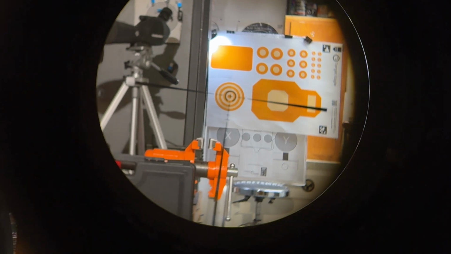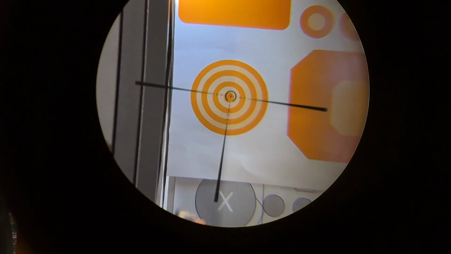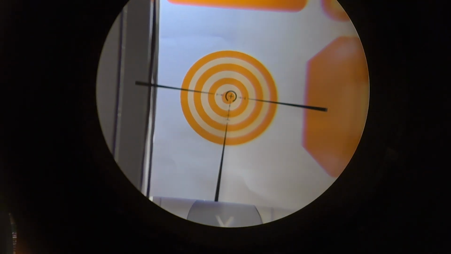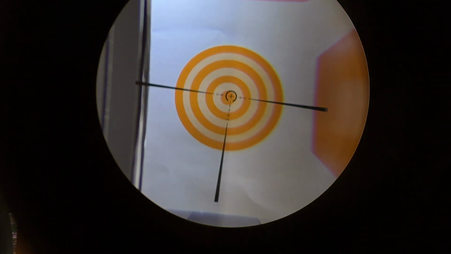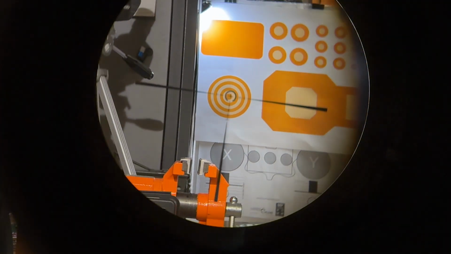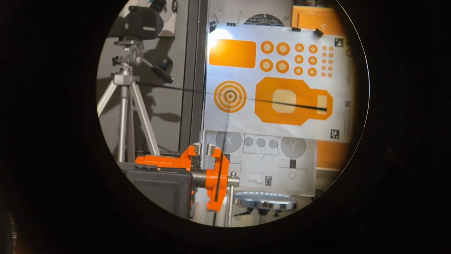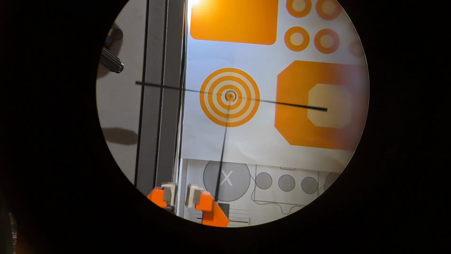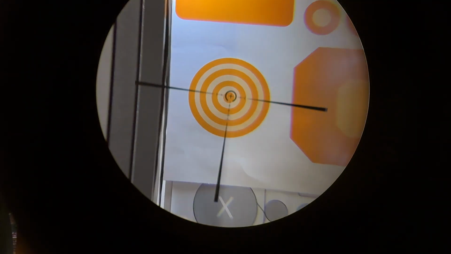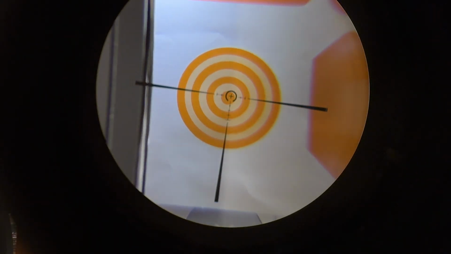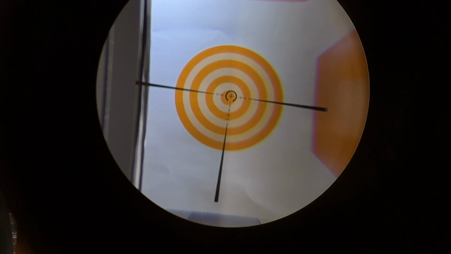I'm going to start to increase the magnification, and as I do so, you'll notice that the size of the reticle remains constant the entire time that I am magnifying the image and when I am reducing the magnification of the image. When we talk about the portion of the target that the reticle appears to cover, this is called subtension.